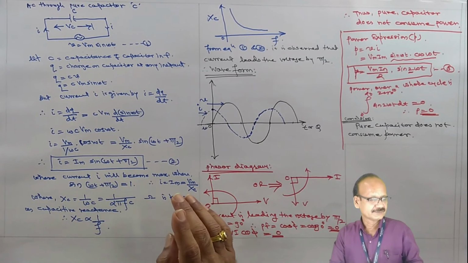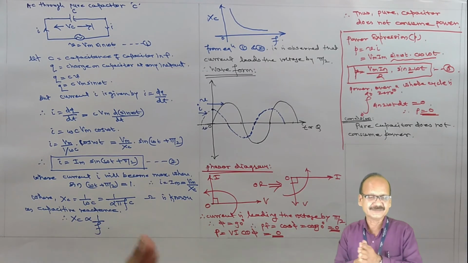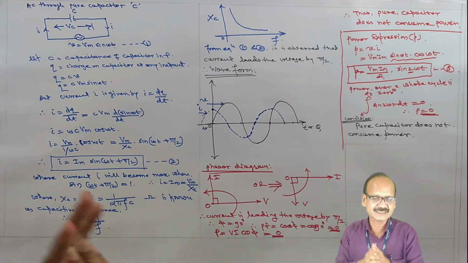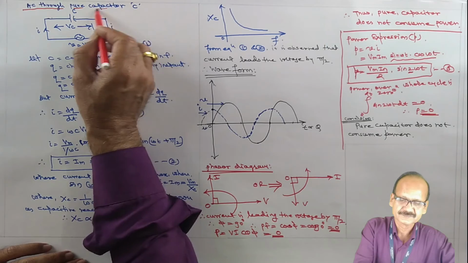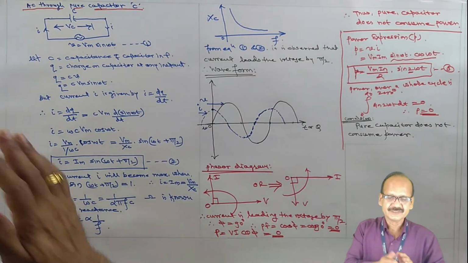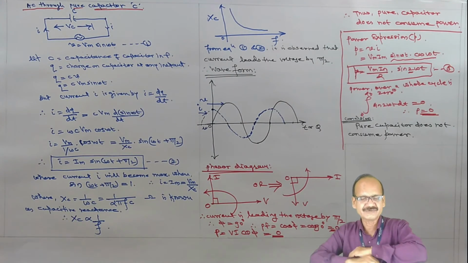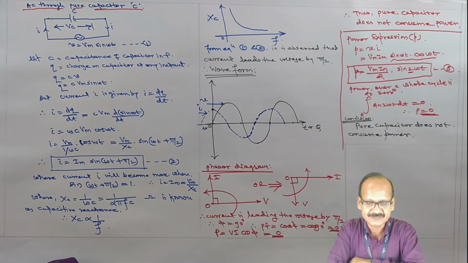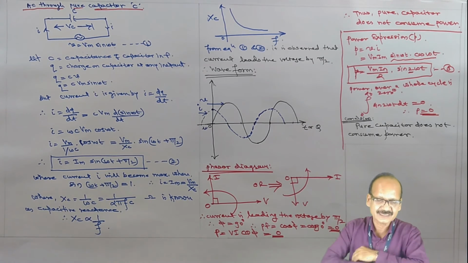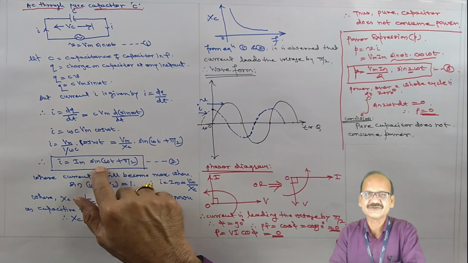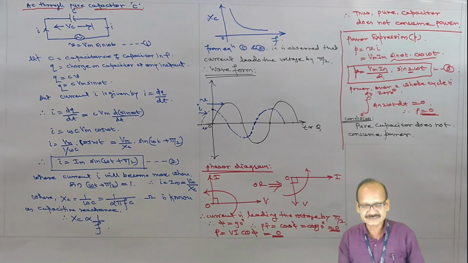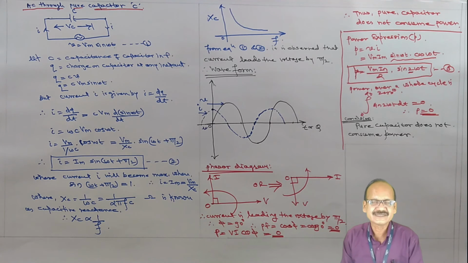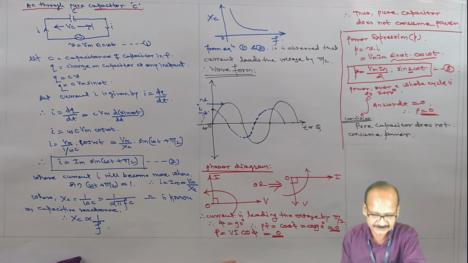Okay friends, in this way we have finished alternating current flowing through a pure capacitor. Here we applied v equal to Vmax sin omega t across the capacitor plates. The resultant current is given by i equal to Imax sin of omega t plus pi by 2, which is equation 2. It indicates that the current is leading the voltage by an angle pi by 2.